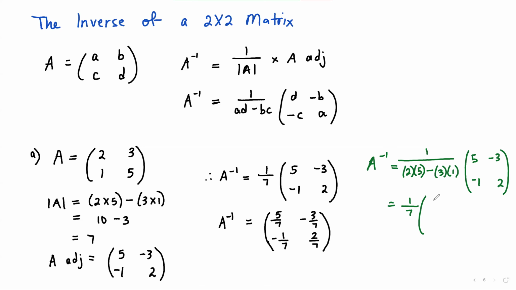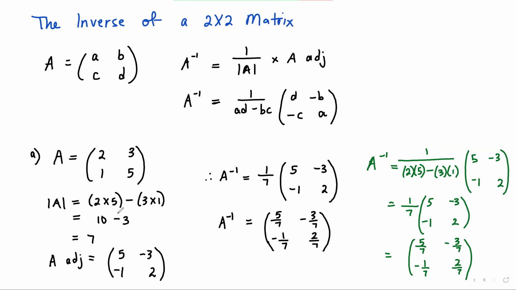So that'll be 1 over 7 times 5, negative 3, negative 1, 2. Then I multiply out the scalar by the matrix, and I will get the same thing: 5 over 7, negative 3 over 7, negative 1 over 7, and 2 over 7. However you want to do it is fine.